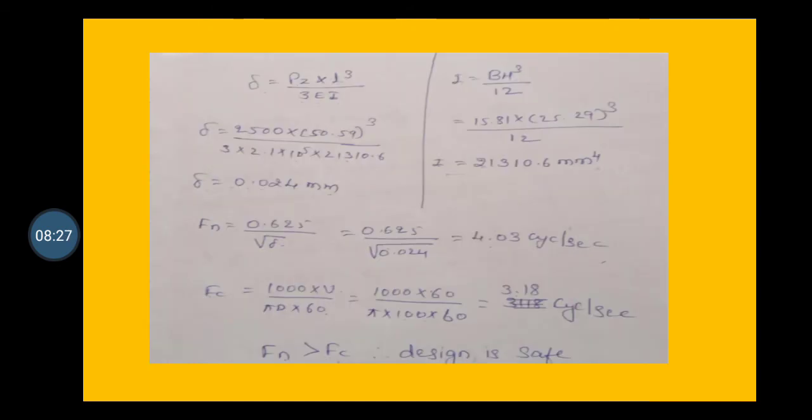Next, deflection. Deflection delta is equal to Pz into L cube divided by 3 into E I. Delta is equal to 2500 into length 50.59 whole cube divided by 3 into Young's modulus 2.1 into 10 raised to 5 into 21310.6, which is the moment of inertia I. How to find I?